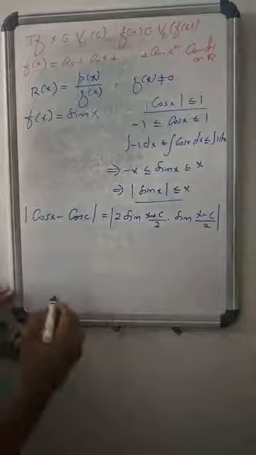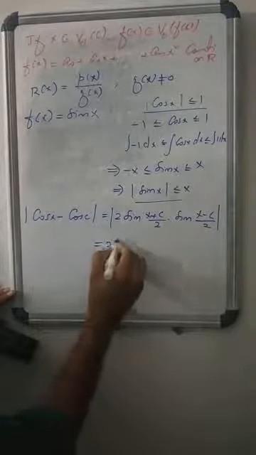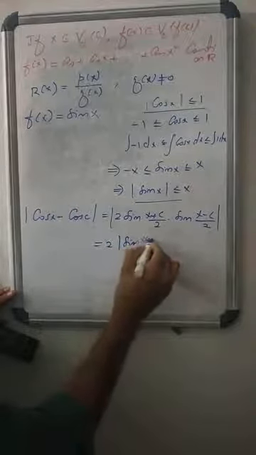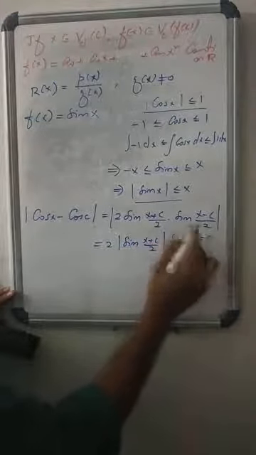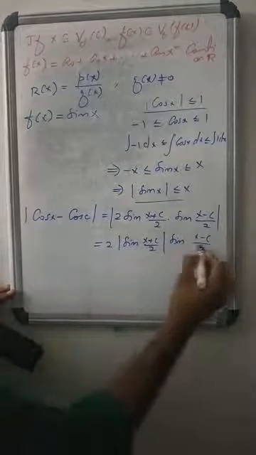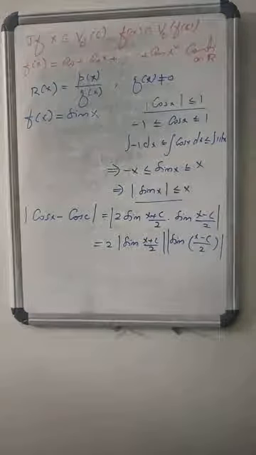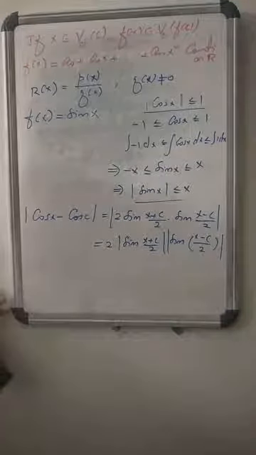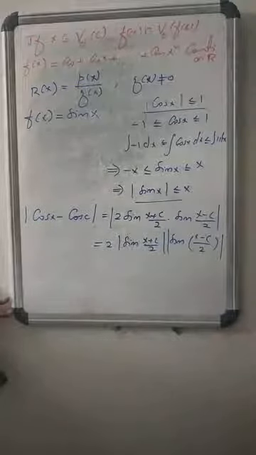So it equals 2 into |sin((x+c)/2)| into |sin((x−c)/2)|. But |sin t| is less than or equal to |t|, so |sin((x−c)/2)| is less than or equal to |x−c|.